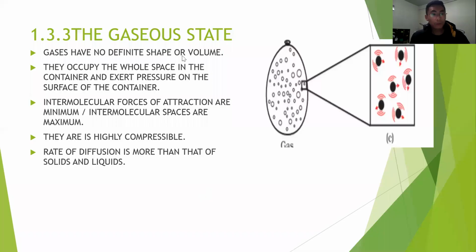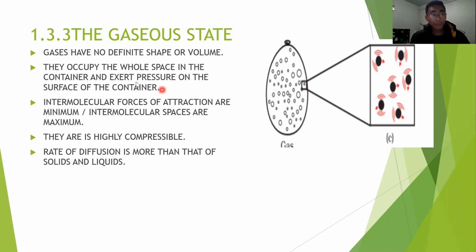Now coming to the gaseous state. Gases have no definite shape or volume. They occupy the whole space in the container and exert pressure on the surface of the container.